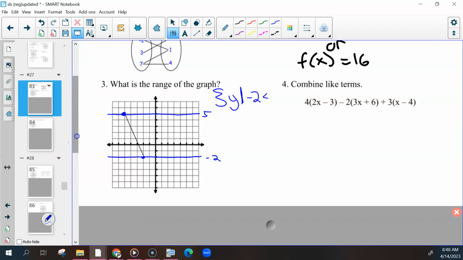So -2 less than or equal to y less than or equal to 5. Or when we were talking about inequalities and doing interval notation, these are both closed endpoints, so that would be a square bracket, -2, 5, square bracket. So either or. Questions on that one?